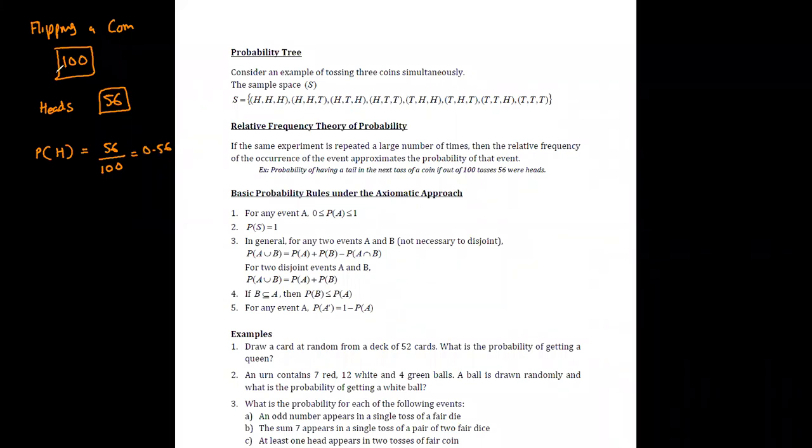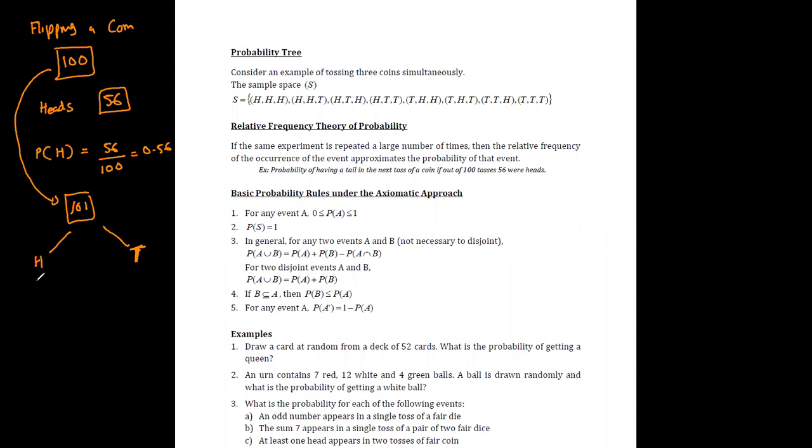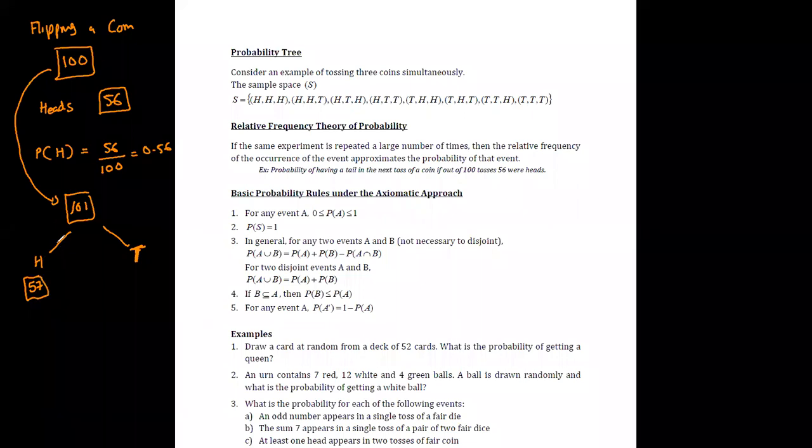Suppose that you have tossed this coin again. Then this would be added with 1, so this would become 101, since we have an additional toss. In this case, we get either a head or a tail. If we obtain a head at this toss, we now have 57 heads instead of 56.